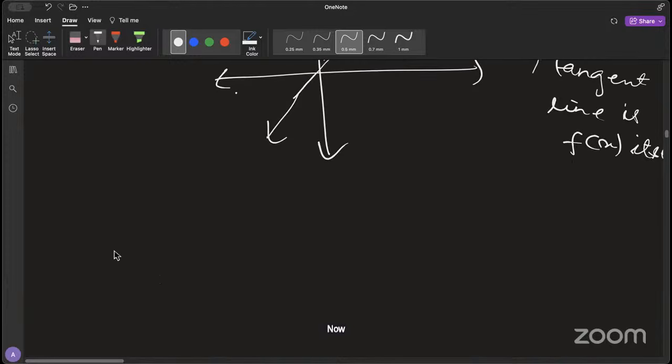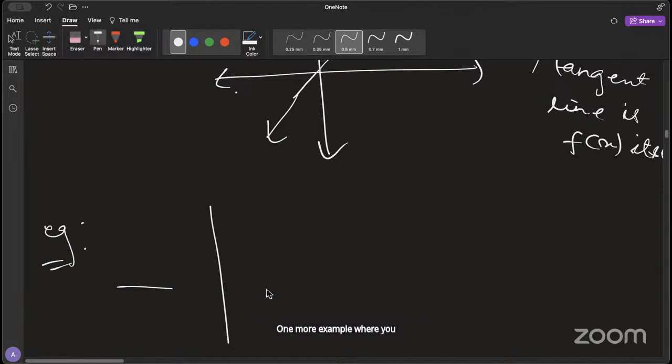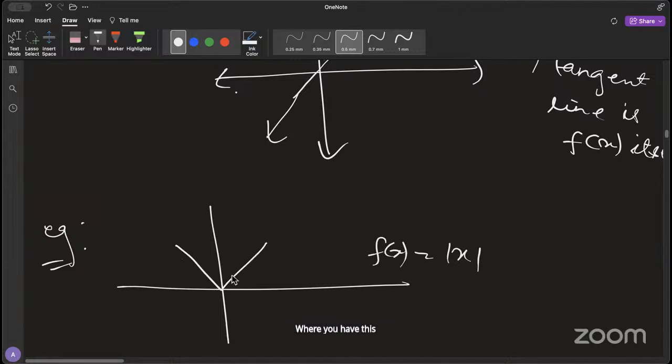Now let's do one more example. We'll take the mod x function, where you have this and this. This is what your mod x looks like. Now at this point, I know where my curve is flowing, right? It's flowing in this direction.